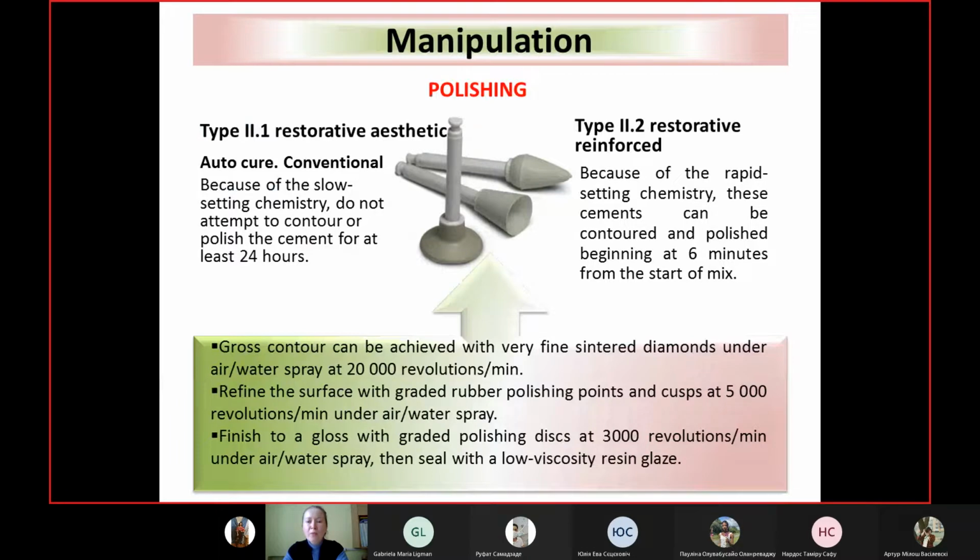That's why the patient should come a second time for final finishing and polishing, because if polishing is done right after placement of the material, it will be totally destroyed. In the case of restorative reinforced glass ionomer cements, polishing can start after 6 minutes of being placed into the carious cavity.